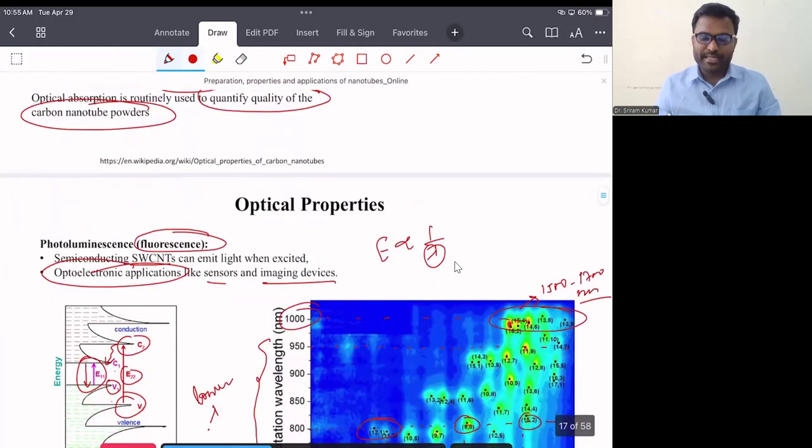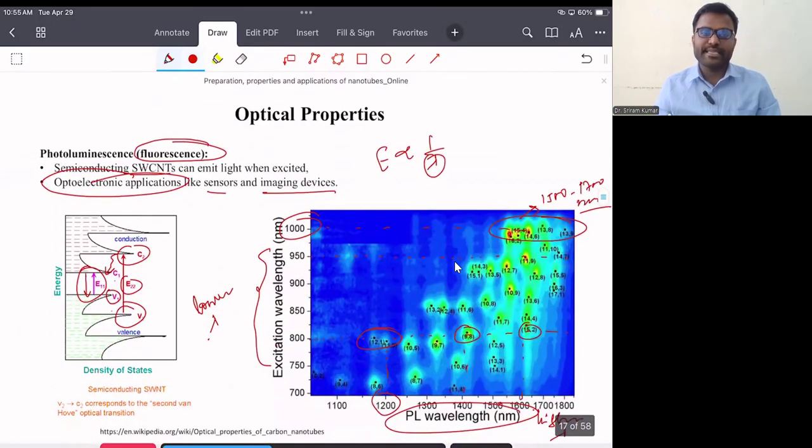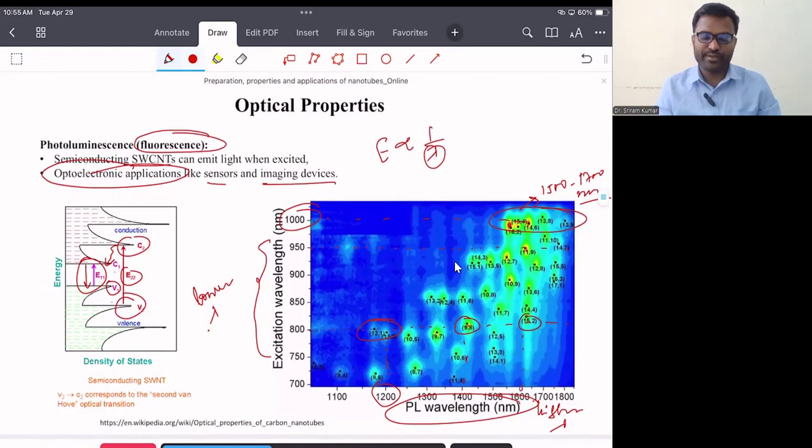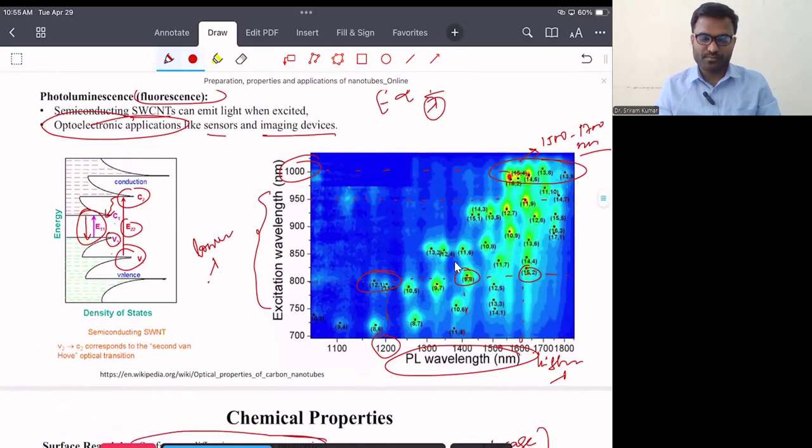Based on these optical properties, these materials can also be used as fluorescence. With this kind of material, we can use these properties in optoelectronics applications, for example, in sensors and imaging devices.